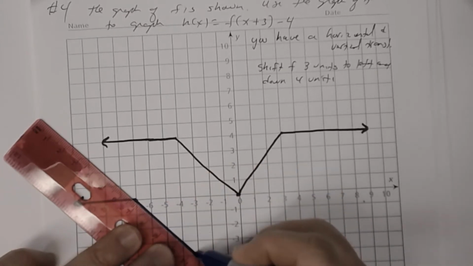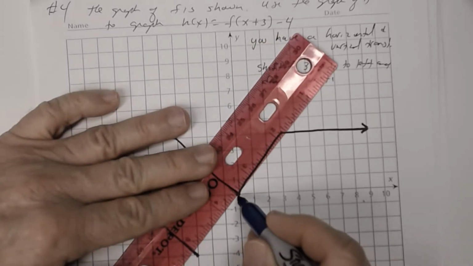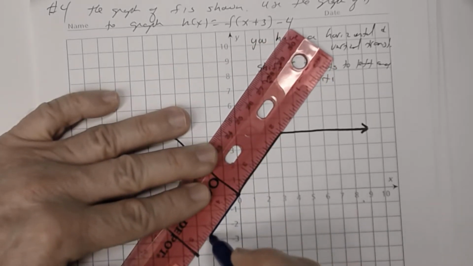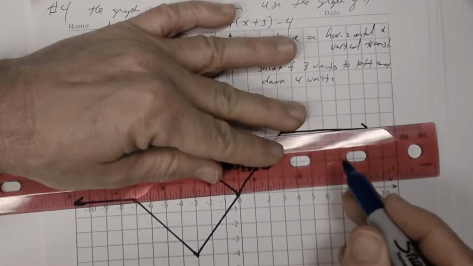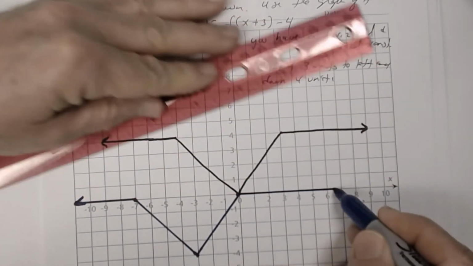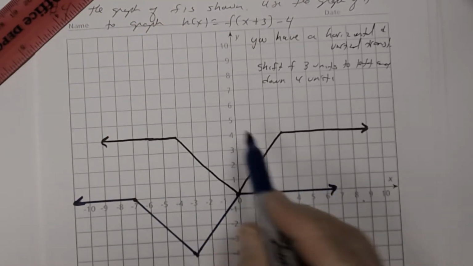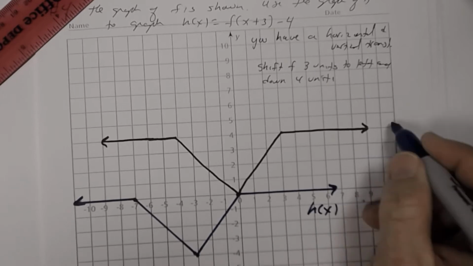The shape does not change. Okay, and then where are we? Right here. Okay, and then this. Don't forget the arrows. All right, so that is, we called it what, h of x, and this was f of x.